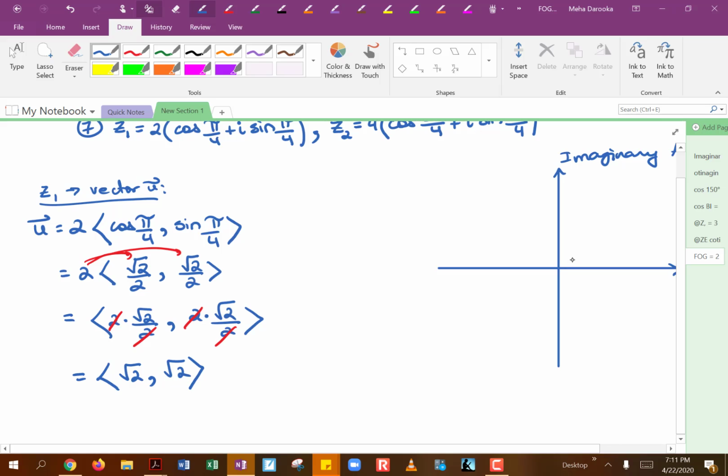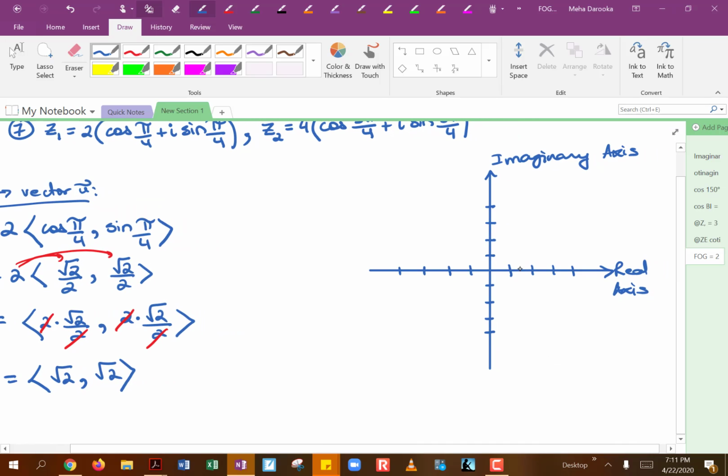So if we were trying to graph these, let's see where they would fall on our coordinate plane here. And of course, this is your imaginary coordinate plane. So square root of 2 is about 1.4 and 1.4, so it's probably going to fall somewhere over here.